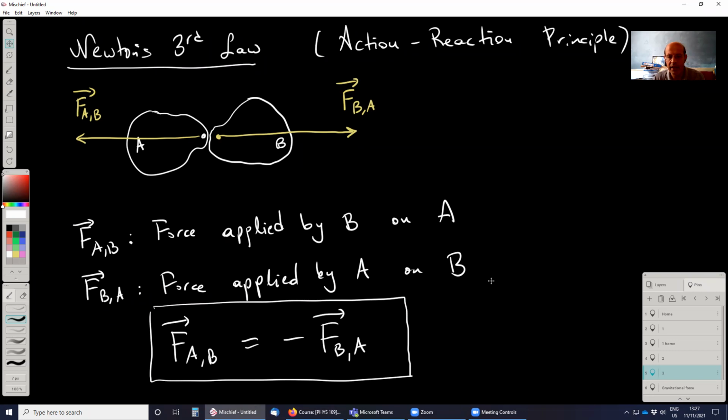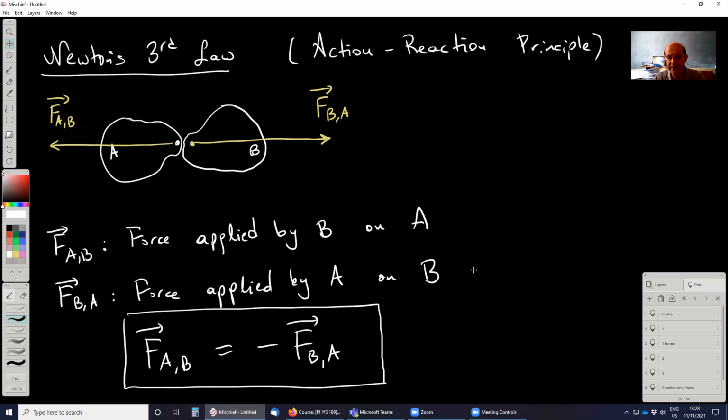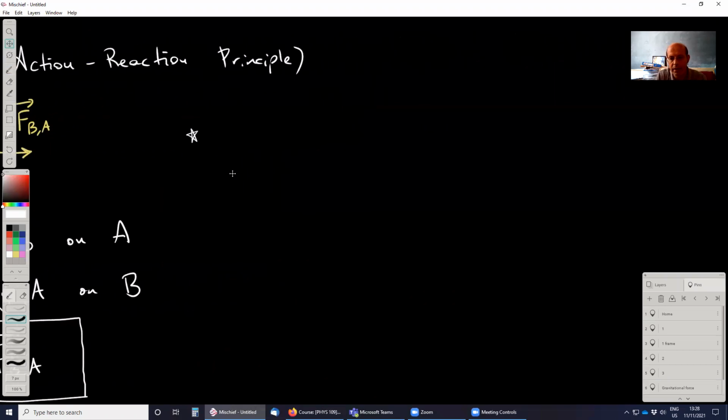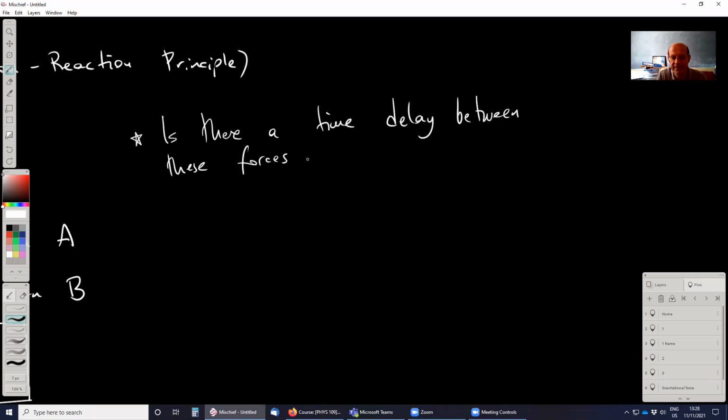Some people have some confusions about these. Let me talk about this. Is there a time delay between these forces that we mention in action-reaction form?